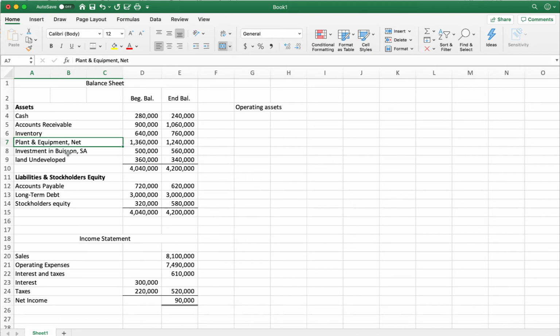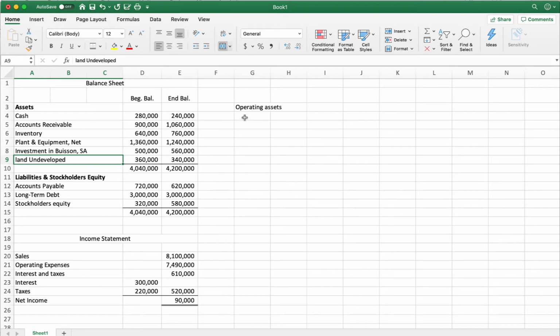We have an investment in another company, something totally different, not an operating asset. We have land that's undeveloped. That's really an investment for the company.